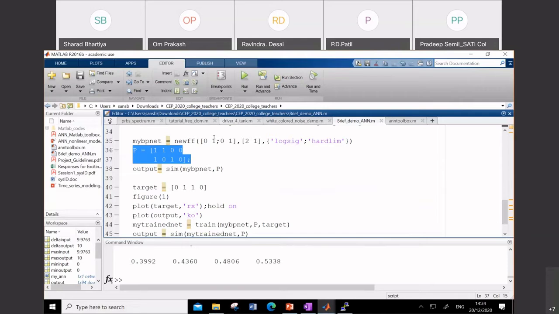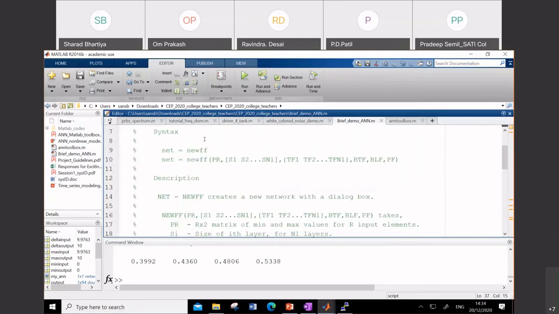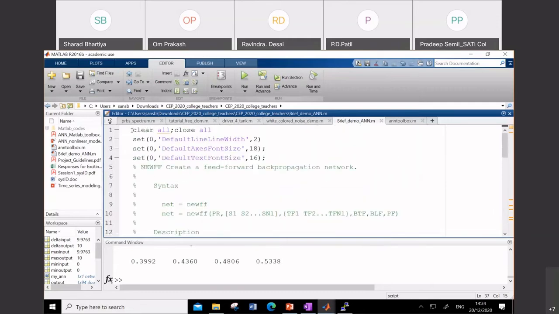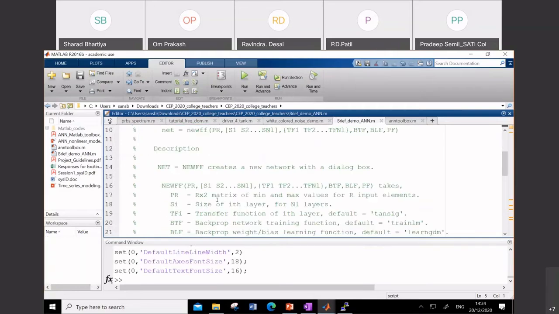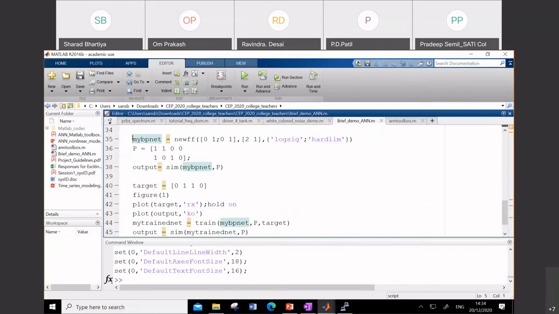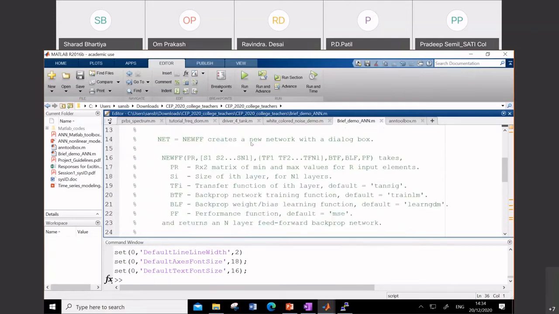So again, I have given P. So this is the P. These are two. So newff. So let's just get the syntax.